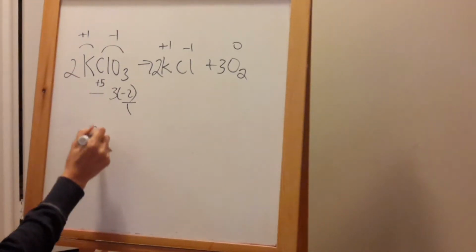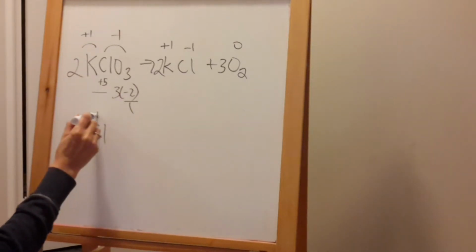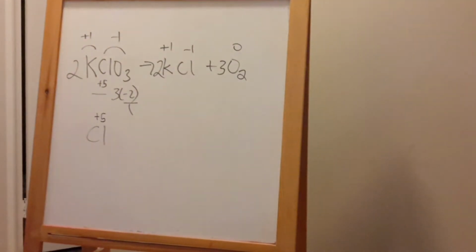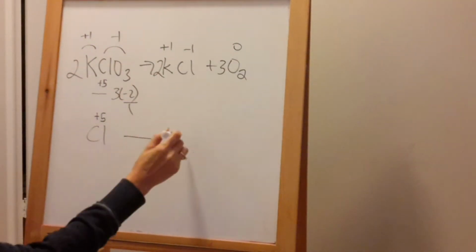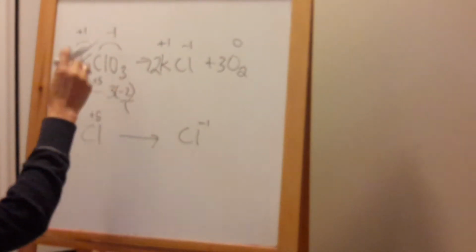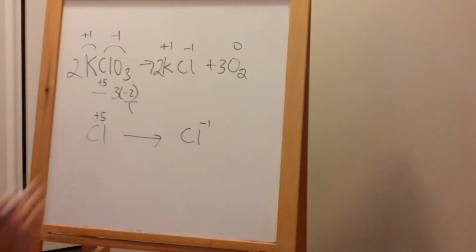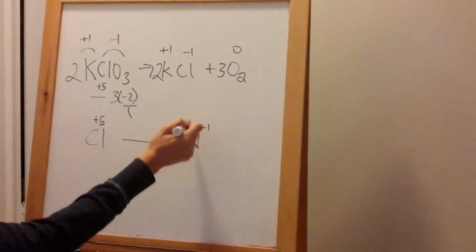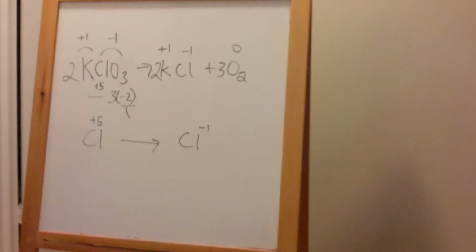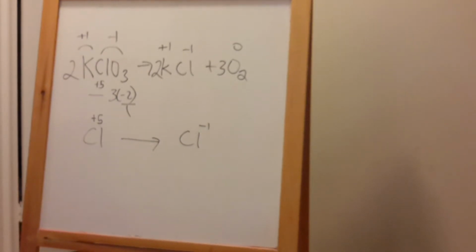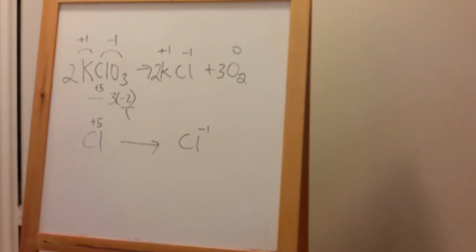So we're going to take chlorine, and write its oxidation state of +5 at the top, and write Cl- here. I'm ignoring the coefficients. I'm just going to make sure that the atoms here are balanced, so there's 1 and there's 1. The charge, notice, is not balanced, and the reaction is not really balanced unless the charge is also balanced. So we need to add electrons.